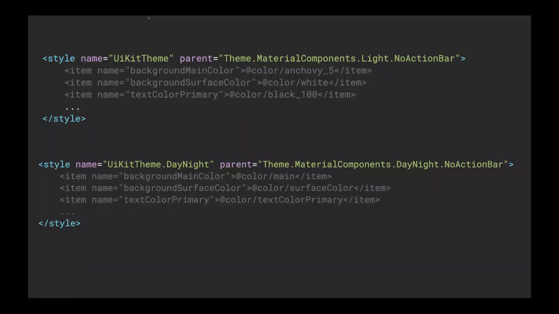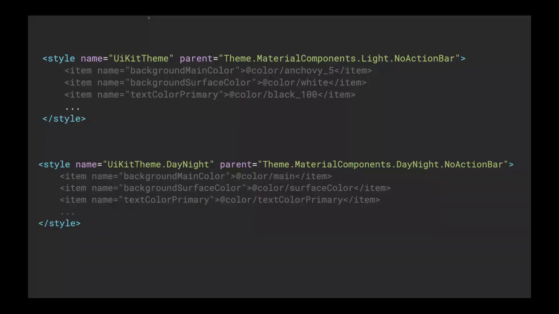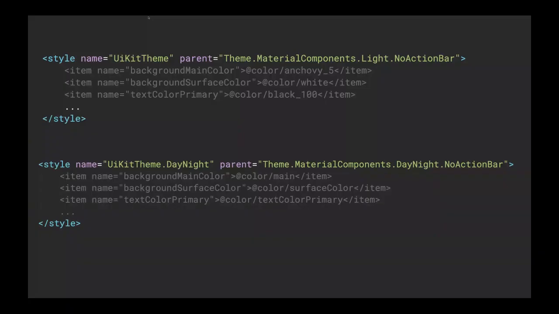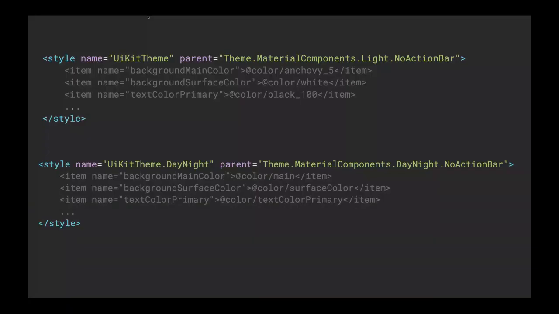But first I want to mention one thing here. As I said earlier, we had to support both a day-night theme and a non-day-night theme, because consumer restaurant apps which are using this theme were not ready to do that. So the trick that we did to make it seamless, without having two completely different themes with two complete sets of attributes, is that we made the UI kit theme, the basic one, extend from Theme.MaterialComponents.Light, which means this doesn't support day-night at all.